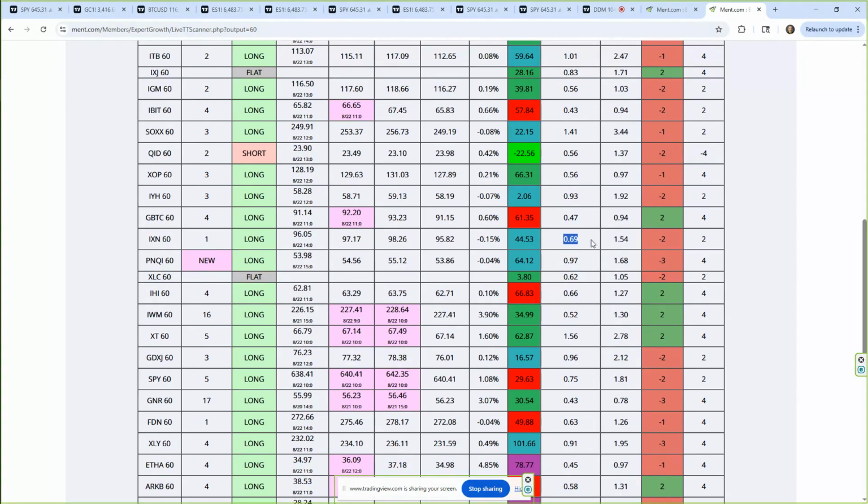Probably be something along the lines of this. 0.69 profit factor and 1.54 win rate. To me, that's like a 60 or 70% allocation. And the only reason I'm saying it's higher is because of this win rate.